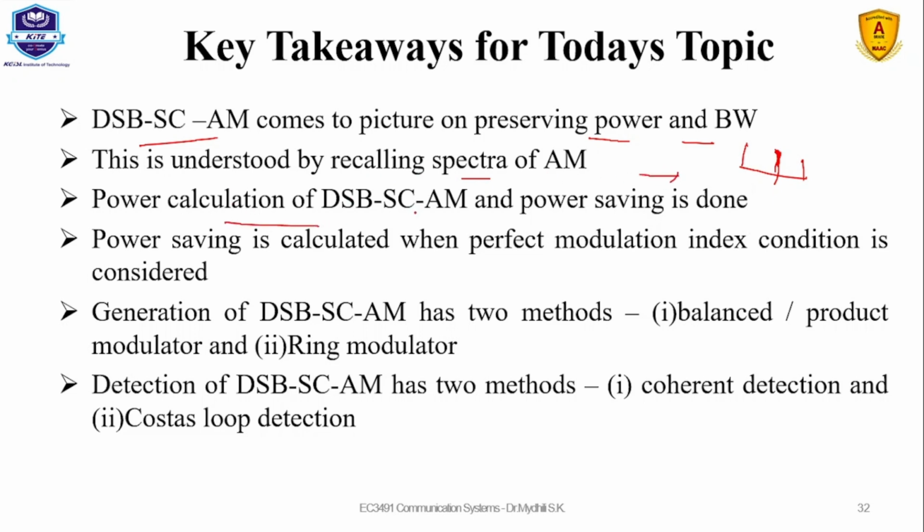The power calculation of DSB-SC with respect to the two sidebands is Vm Vc squared by 8R. The generation part is explained with two methods, so please remember it has two types: one is the balanced modulator and the second is the ring modulator. In detection, again there are two: coherent detection and Costas loop detection.